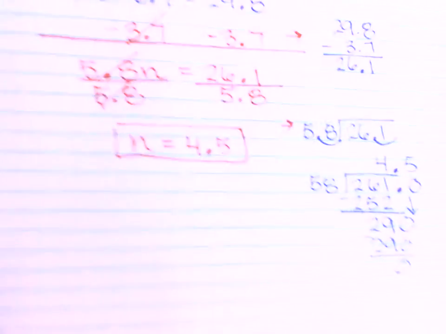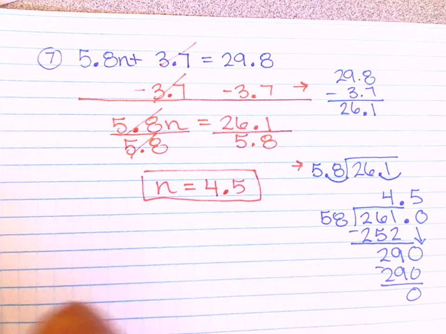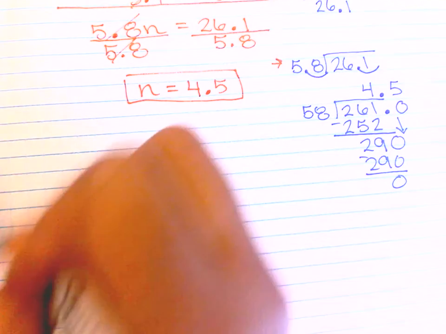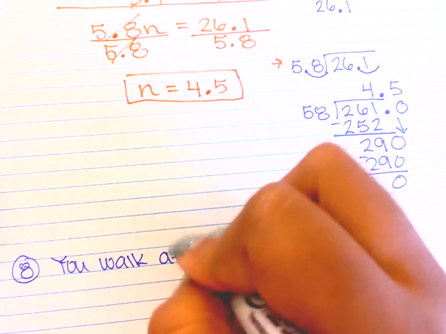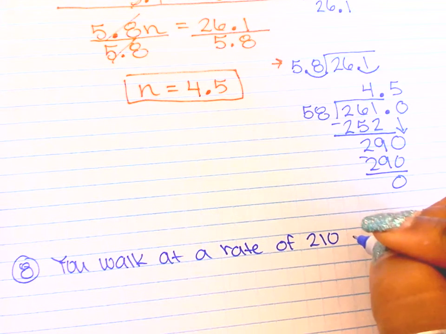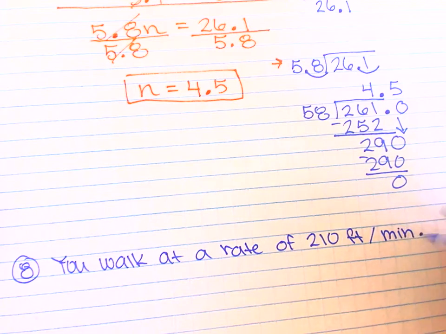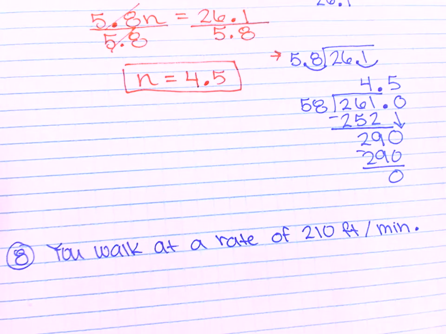And our last problem is going to be a word problem. Number 8 is going to be a word problem. It says, you walk at a rate of 210 feet per minute.